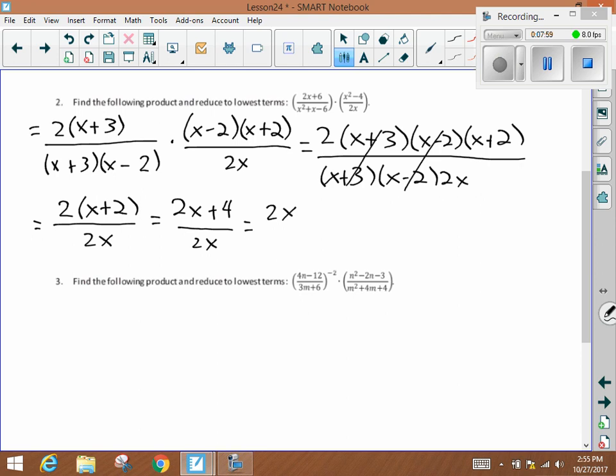I can write this as 2x over 2x plus 4 over 2x, so that's going to become 1 plus 2 over x. That is reduced to lowest terms. There we go.